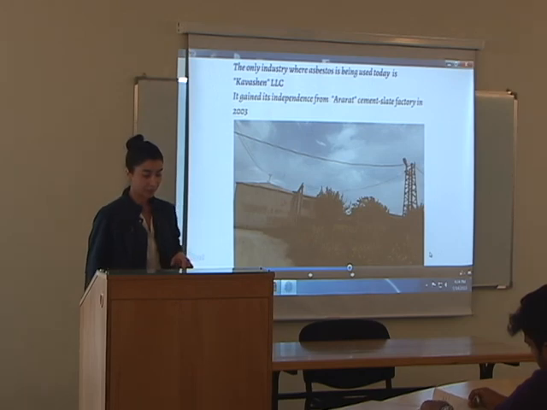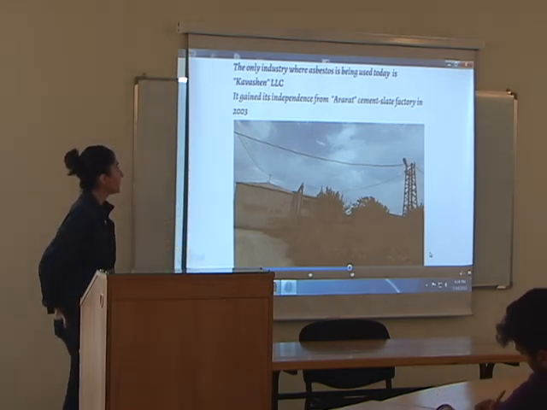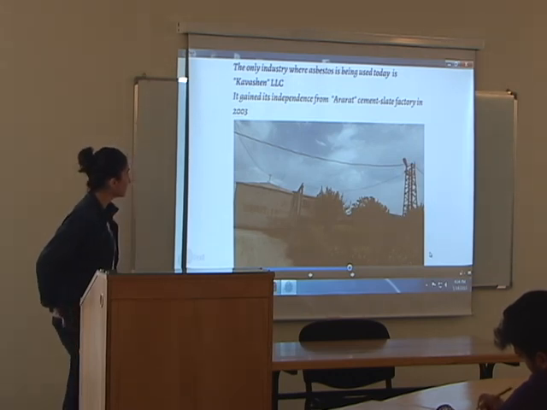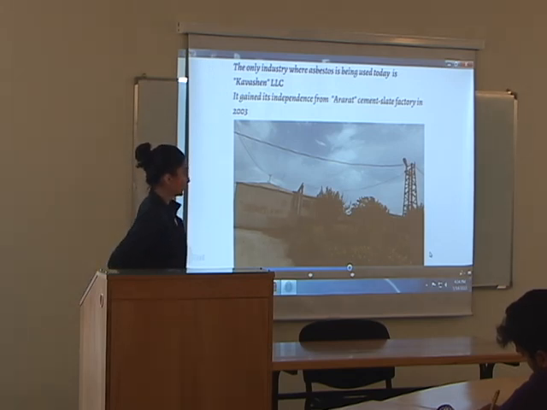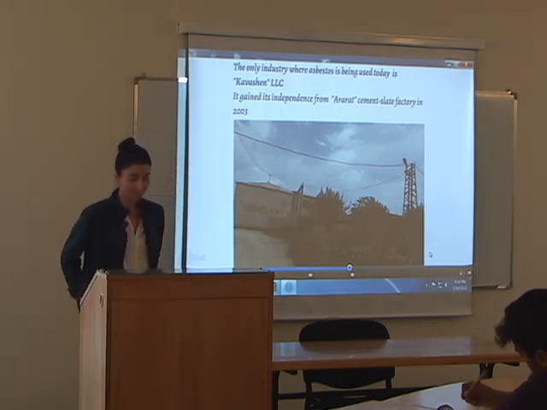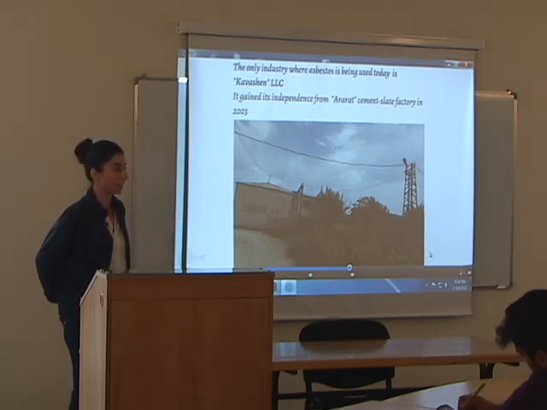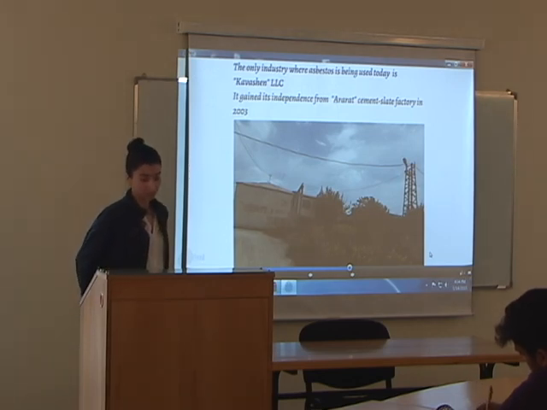This is the Kavashen factory, which till now produces asbestos cement roof slates. I could not take a better photo because people were working there, and I didn't want them to understand that I was taking photos for a presentation at the university.